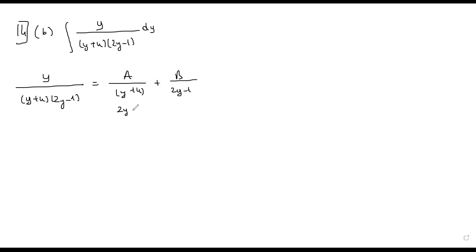So we need to multiply this by 2y minus 1 and this by y plus 4. What do we get? We have 2ay minus a plus by plus 4b over the same thing. I won't write the rest.